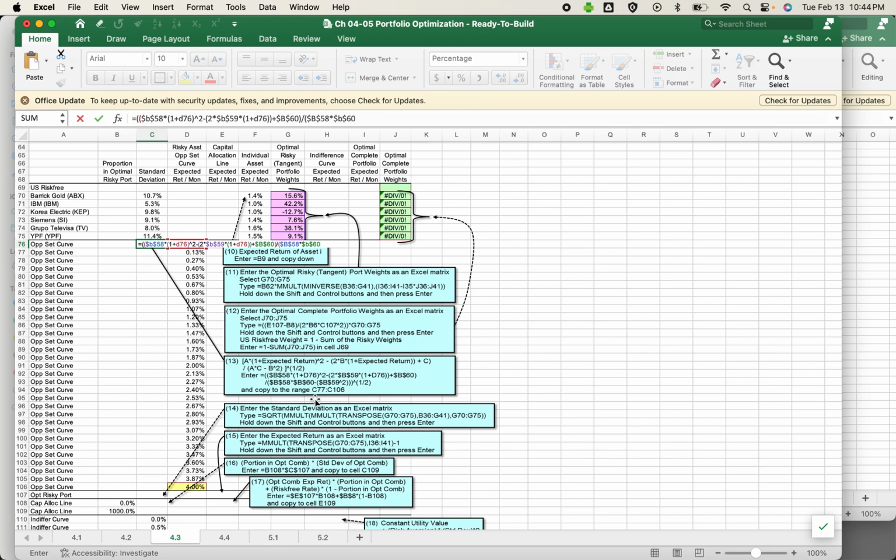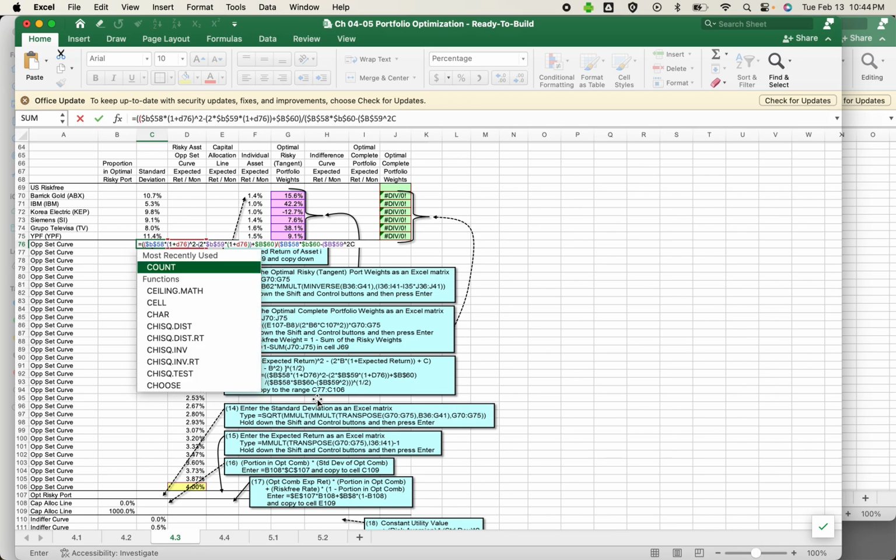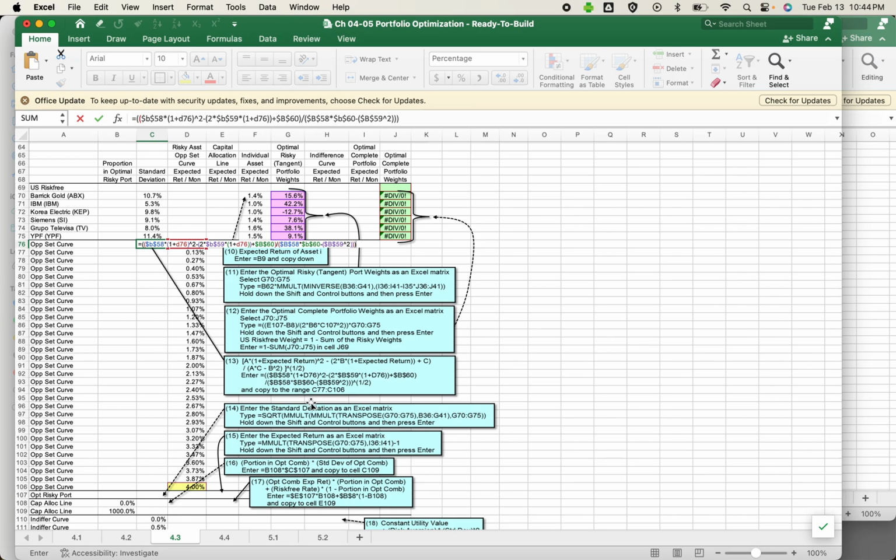B58 times B60 minus B59 squared, close 3 parentheses to the power of 1/2. This is the standard deviation of this opportunity set.